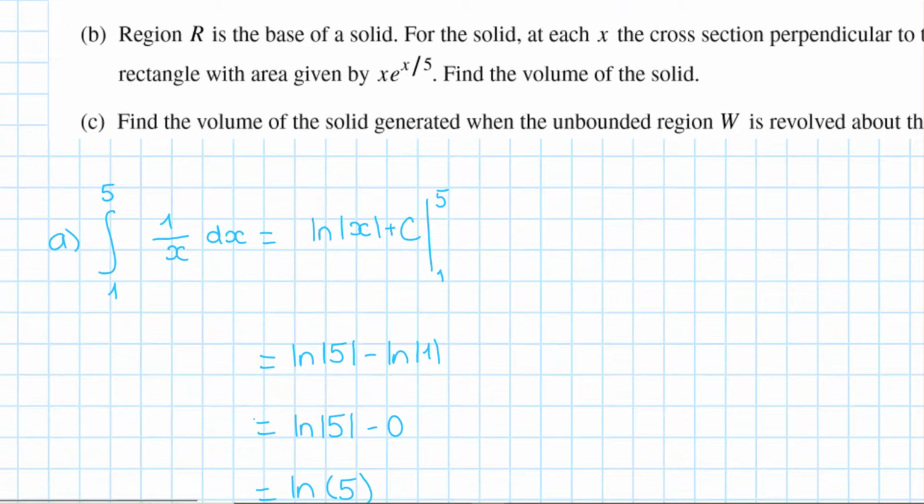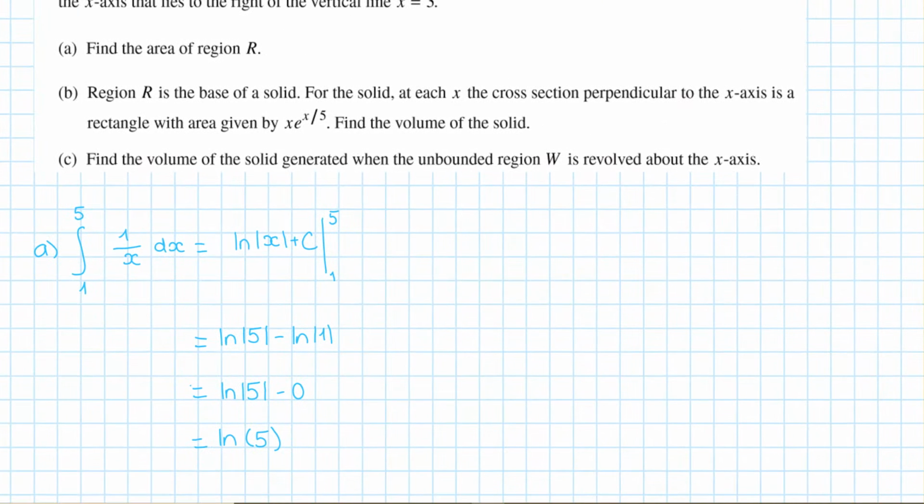Now what they're asking is: region R is the base of a solid. For the solid, at each x, the cross section perpendicular to the x-axis is a rectangle with an area given by x e to the x over 5. Find the volume of the solid.